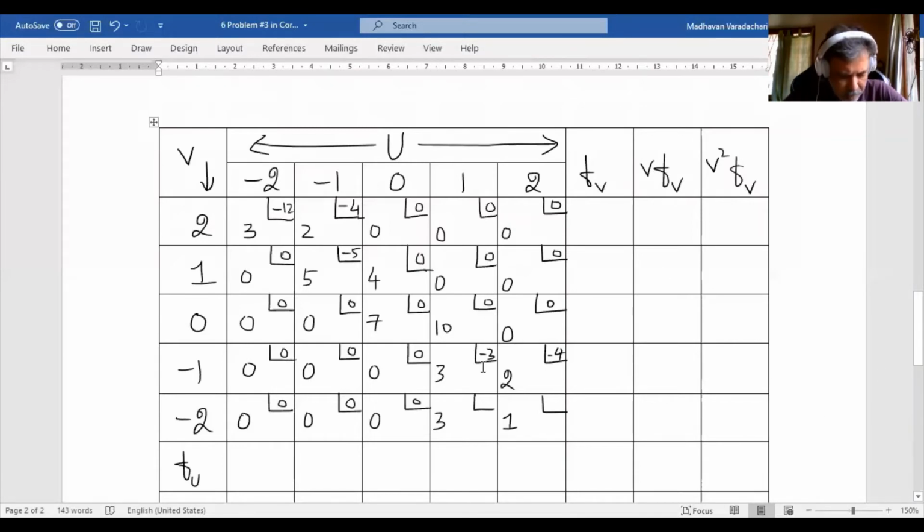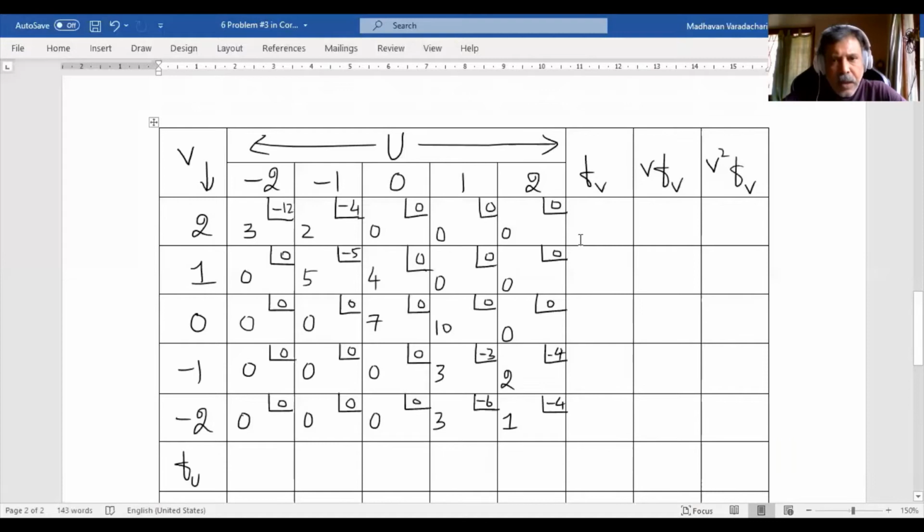Okay, -3, -4. Okay. Here, 1 into -2, it is -2. -2 into 3 is -6. And here it is 2 into -2, -4. -4 into 1 is -4. I think now we completed all.